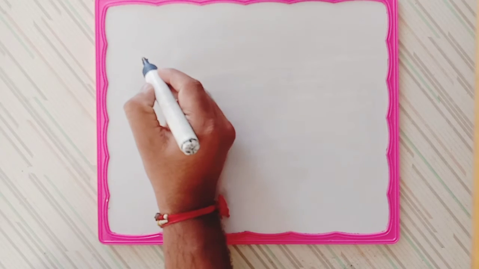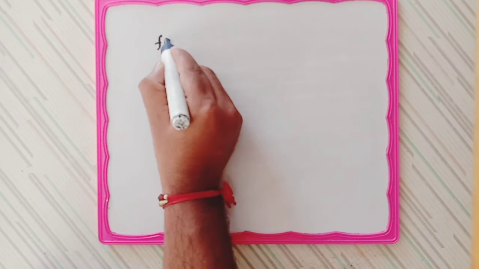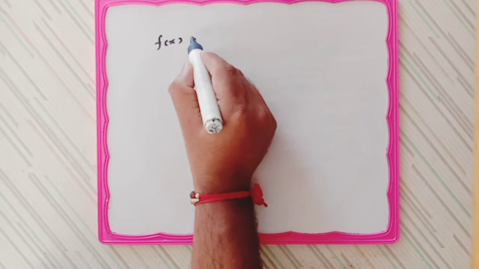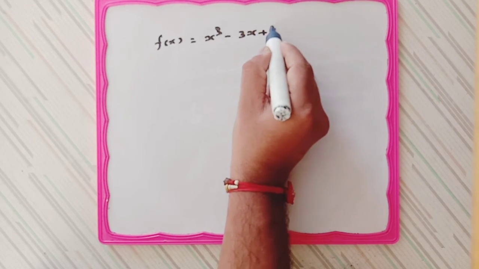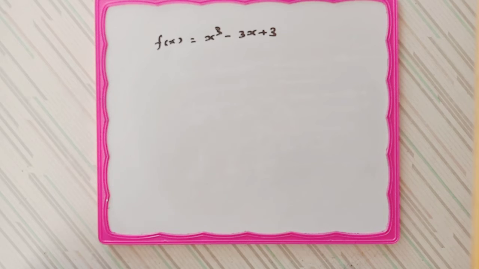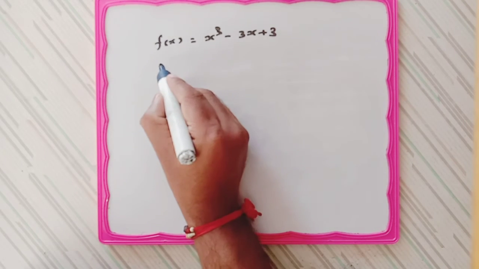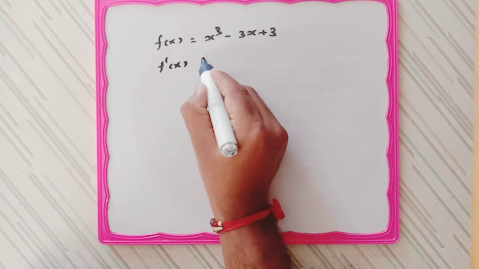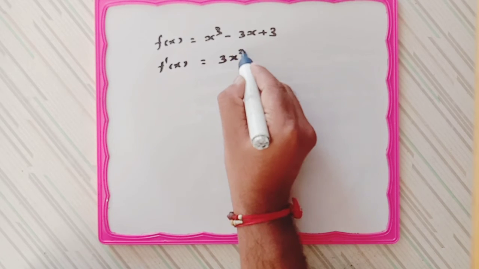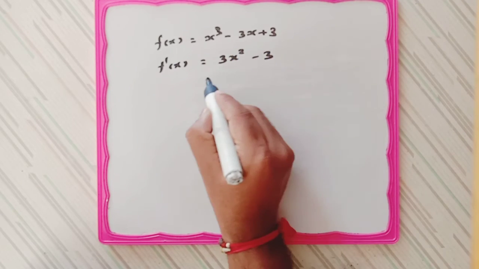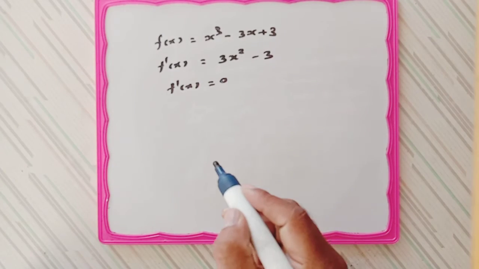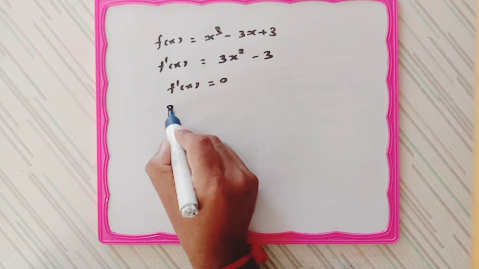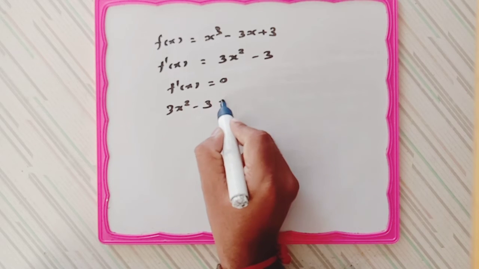Now we have the question: find local maximum values and minimum values of f(x) equals x cube minus 3x plus 3. So we differentiate with respect to x, f dash x equals 3x square minus 3. Then we take f dash x equals 0 for the critical points. Then 3x square minus 3 equals 0.